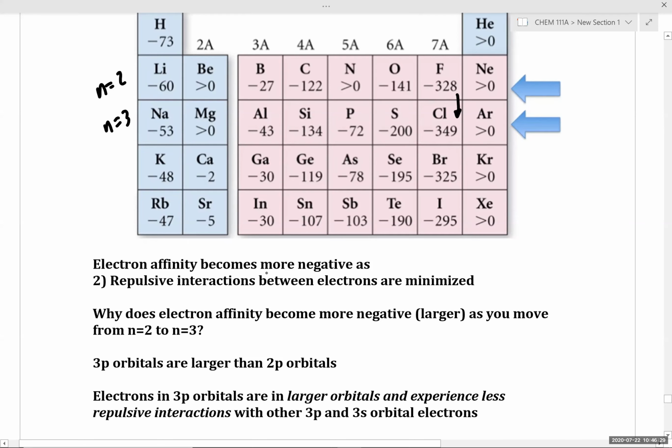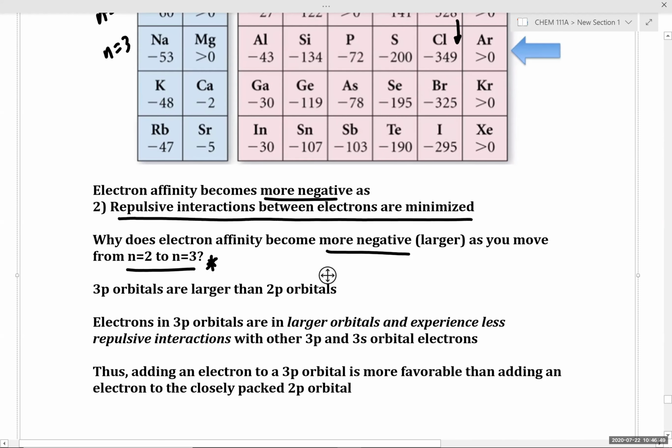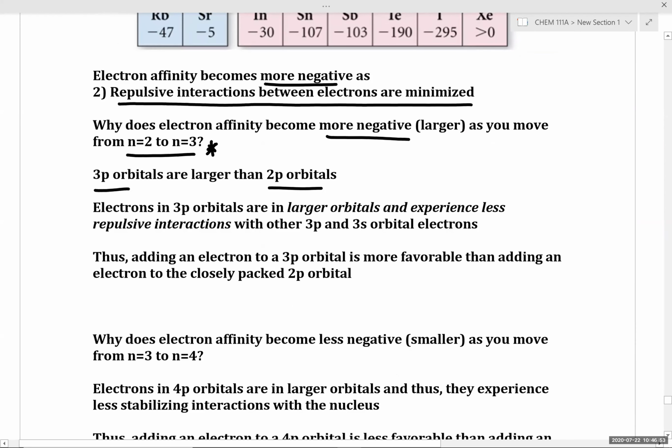Electron affinity becomes more negative as repulsive interactions between electrons are minimized. So electron affinity increases as you move from n equals 2 to n equals 3. This is one exception to our general rule. And the reason for that is that if we compare a 3p orbital to a 2p orbital, the 3p orbital is substantially larger.